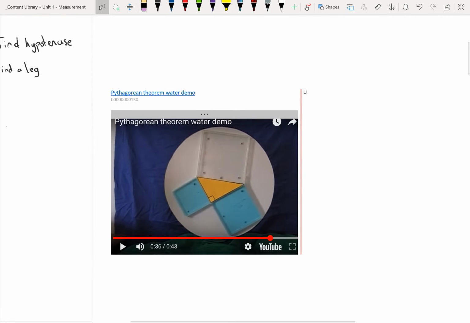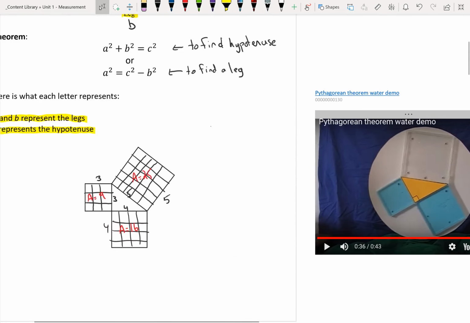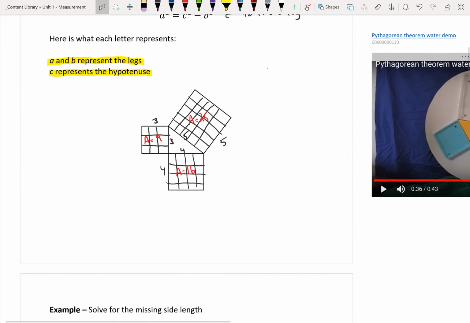So you could see how those two squares off of the legs relate to the square off the hypotenuse and vice versa. So that's what the theorem is telling us.